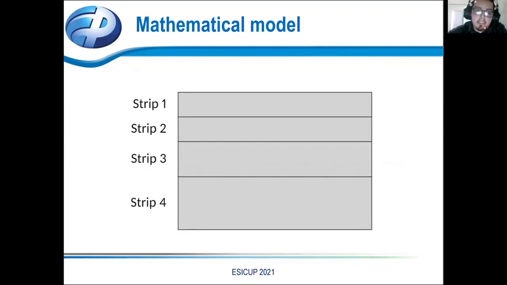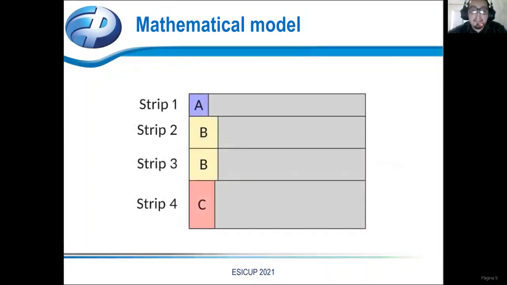So each plate is divided into horizontal strips, and the height of each strip is equal to the height of one of the demanded items. And after a strip is initialized, other items can be allocated side by side in each strip.